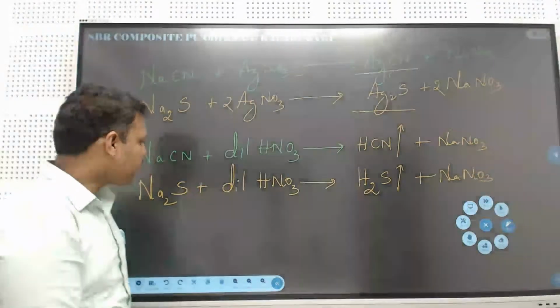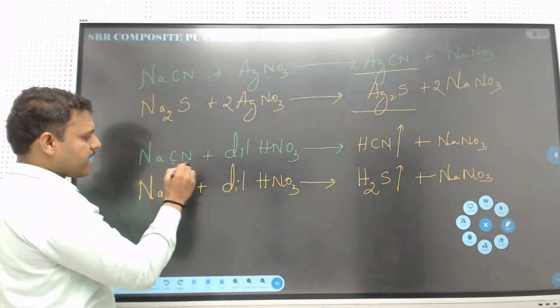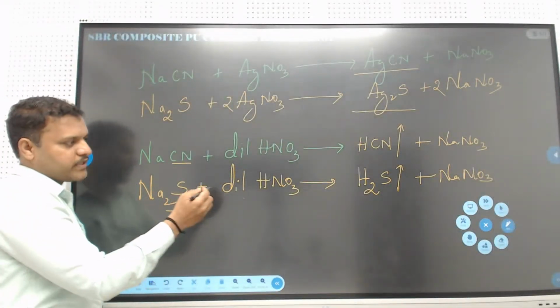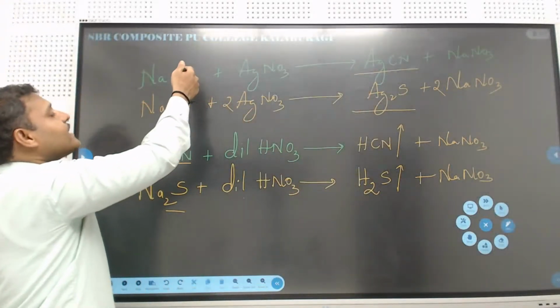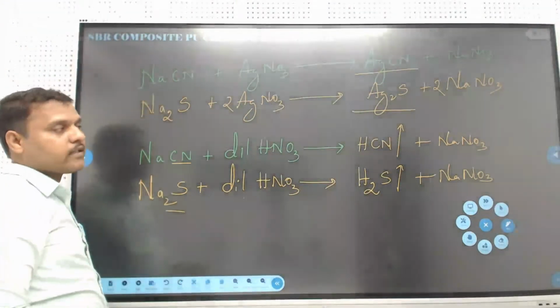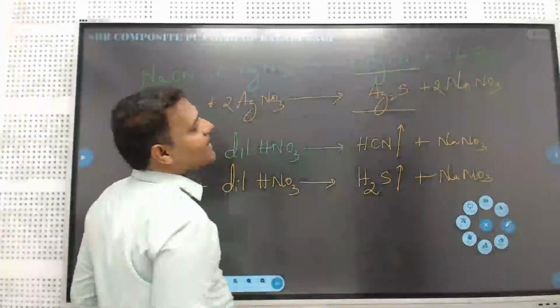Thus, it can be said that the cyanide and sulfide species can be eliminated, whose presence in the sodium fusion extract would otherwise have given the other precipitate.